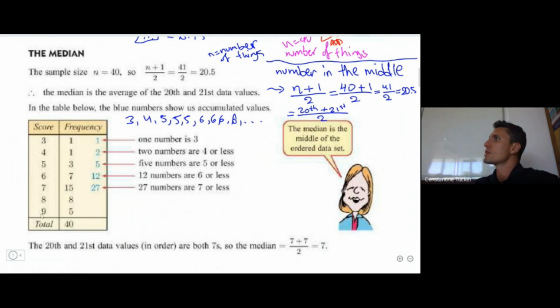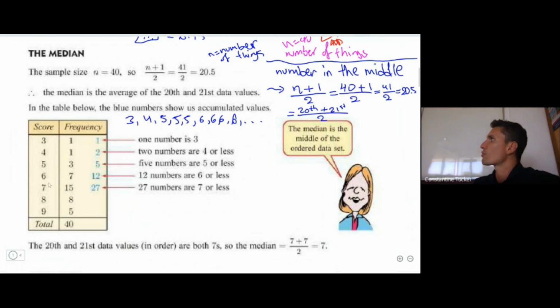Okay, let's repeat. We are looking to find where the 20th and the 21st values are in this table. The first value is here. The second value is here. The third, fourth, and 5th value are in here. The 6th, 7th, 8th, 9th, 10th, 11th, and 12th value are in here.